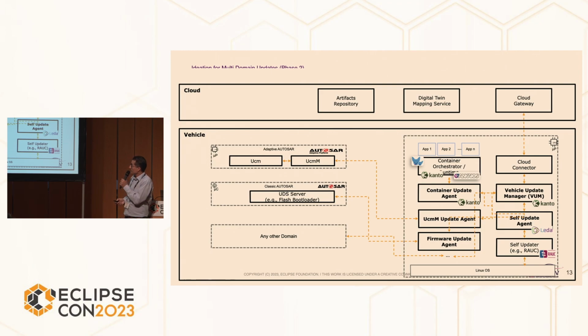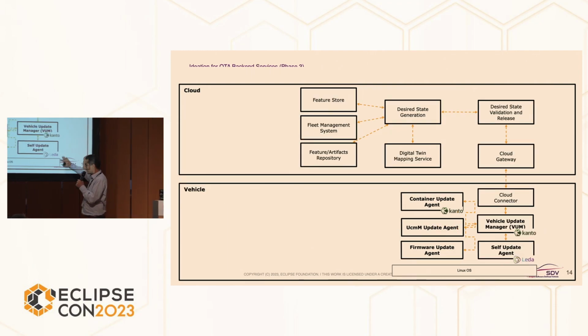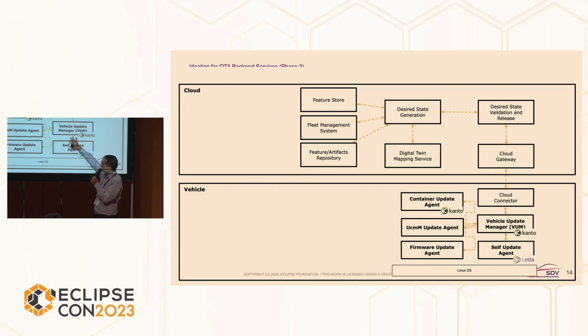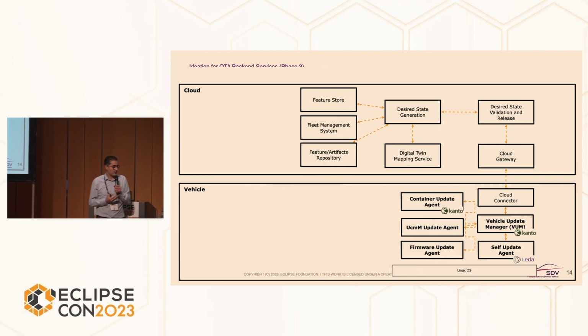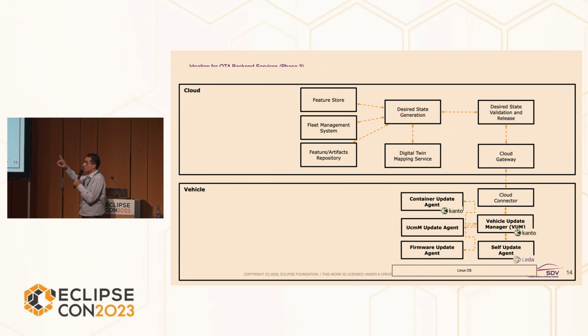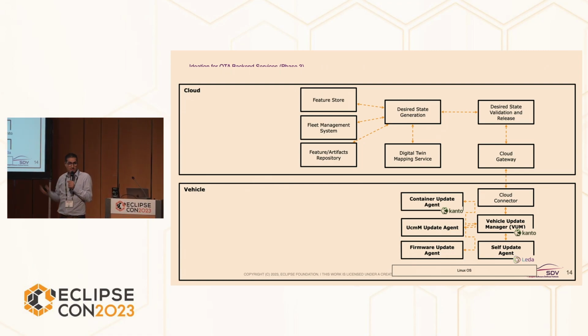If you go to the third phase, on the vehicle side there are no changes. This is similar to the previous slide, but on the cloud side we would now look at how we generate desired states, based on which triggers and which inputs, and how we assign them to the vehicles.